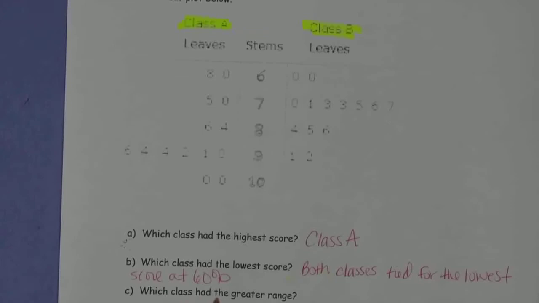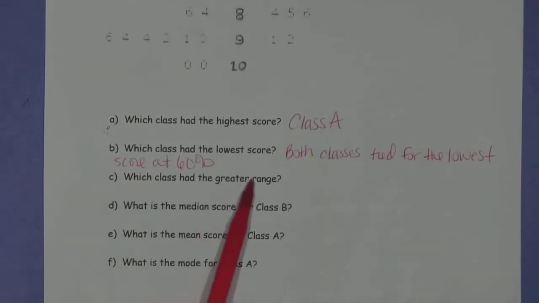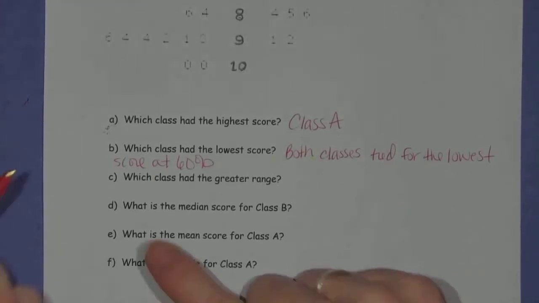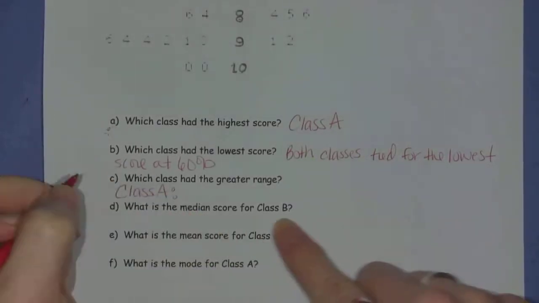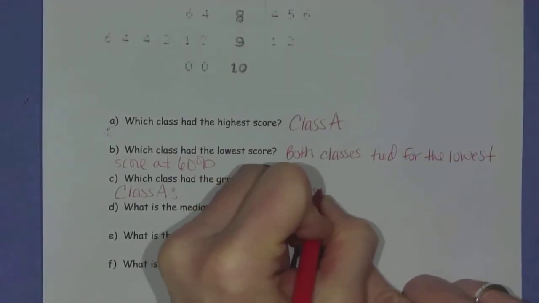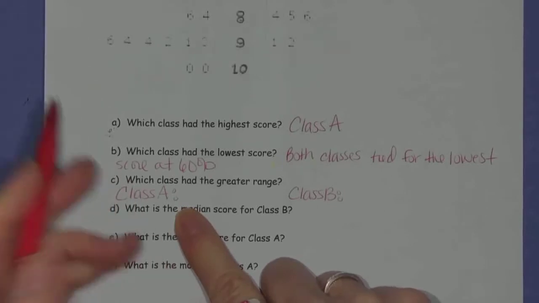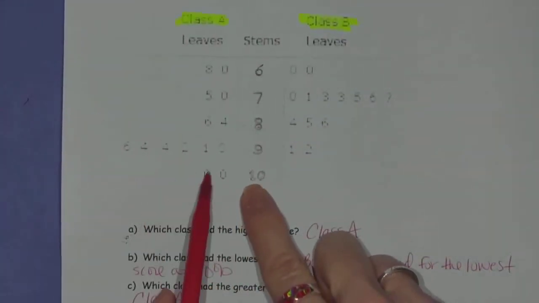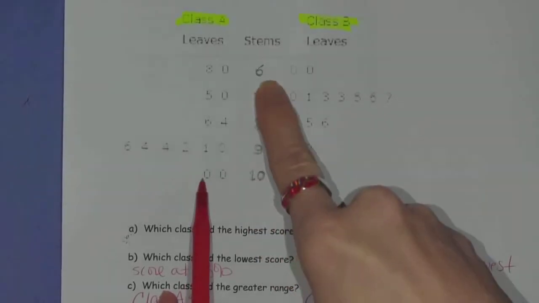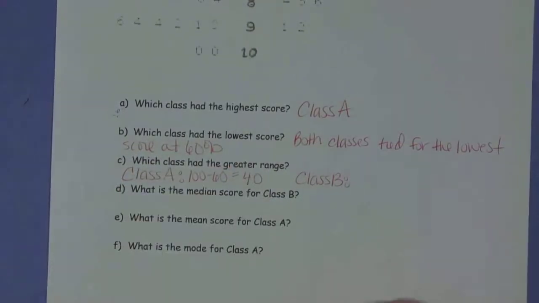All right, which class had the greater range? Well, I got to find high minus low. So let's do the range for Class A, and then we'll do the range for Class B, and we'll compare. So Class A, we're taking the highest, 100, minus the lowest, 60, and 100 minus 60 is 40.